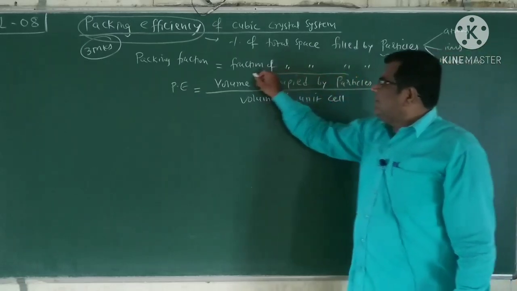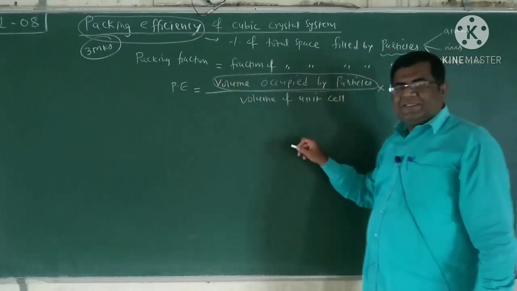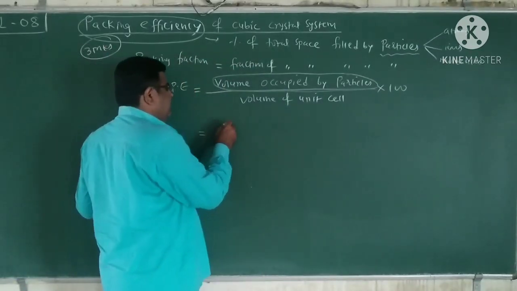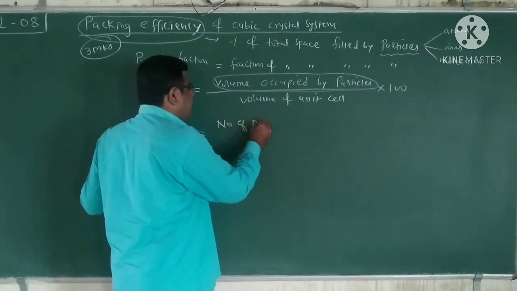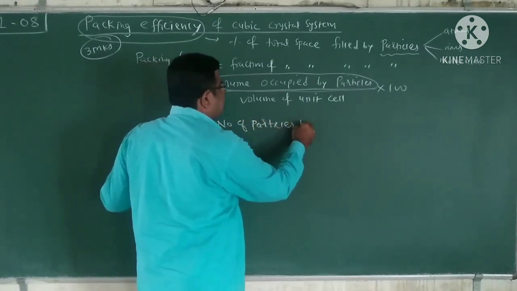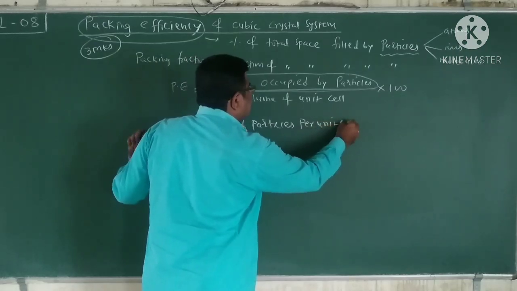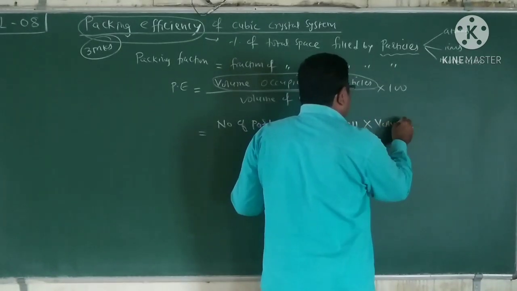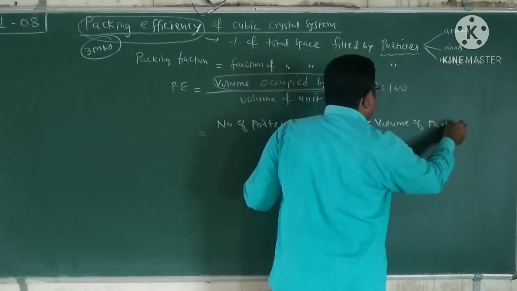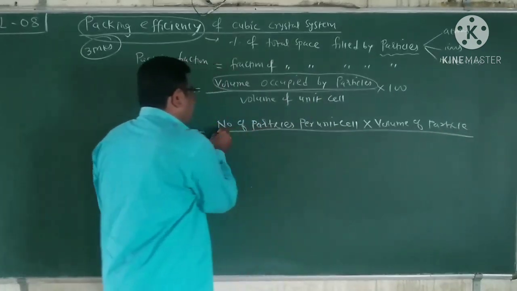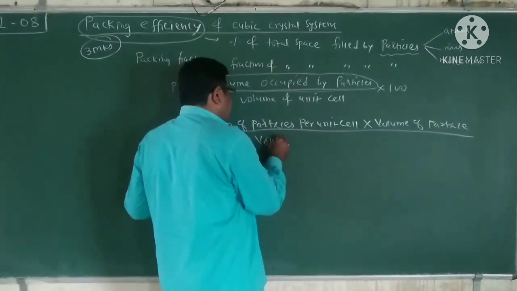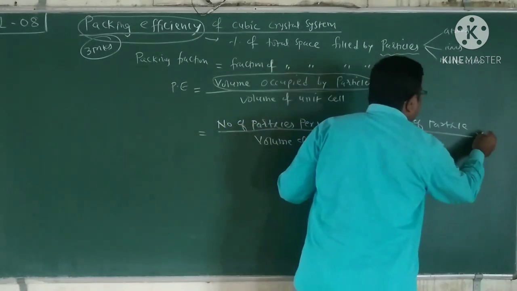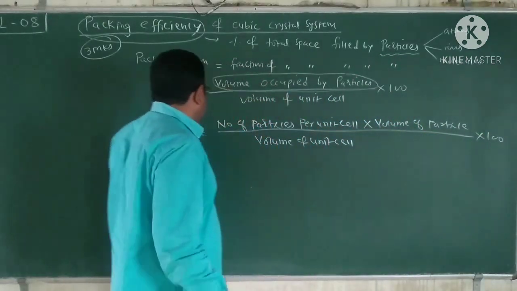Now this first part, volume occupied by particles, we can split into two components. We can say number of particles per unit cell multiplied by volume of particle, divided by volume of unit cell, multiplied by 100.